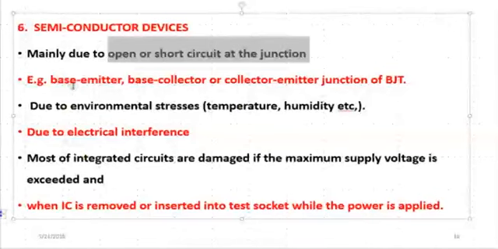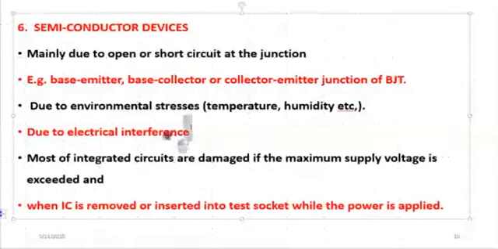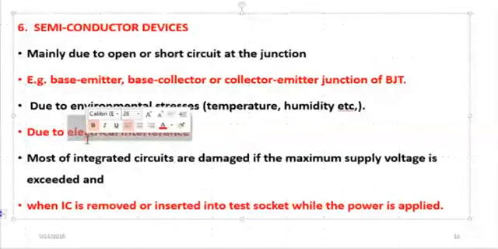And there is another failure that happens to these semiconductors due to environmental stresses like temperature and what? Humidity. And we can have failure of the semiconductor devices due to electrical interference. When two signals are operating concurrently, that is, they have the same frequency and they are operating at the same time, there may be interference between them.